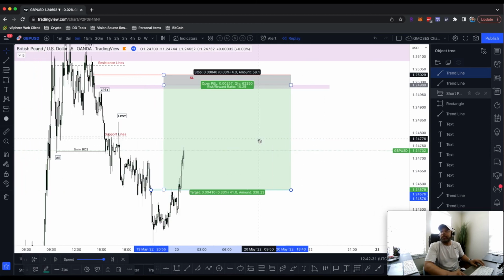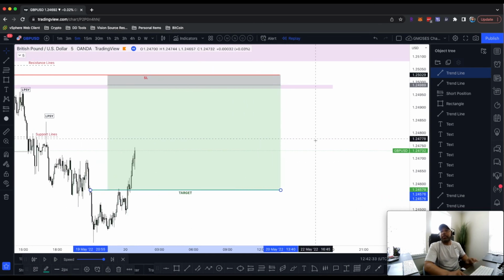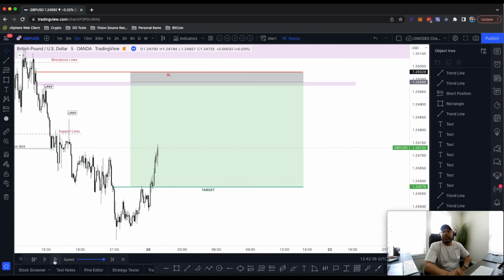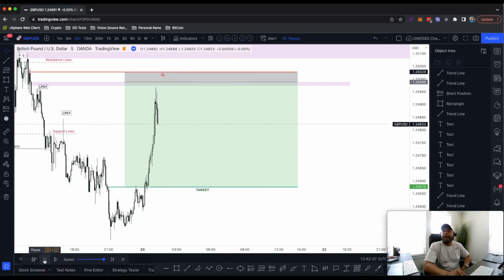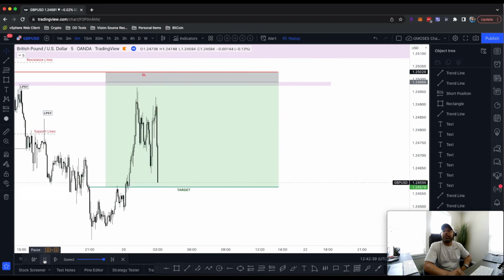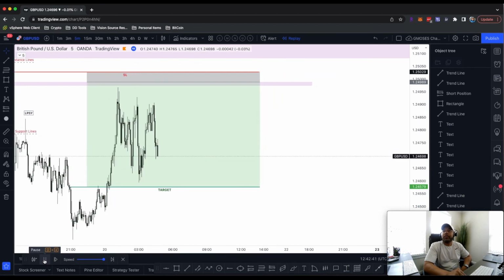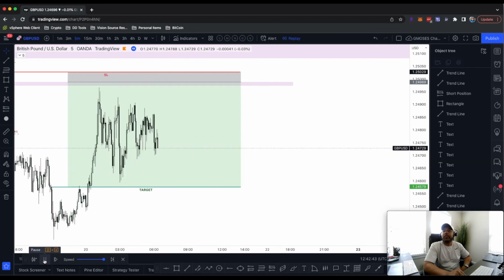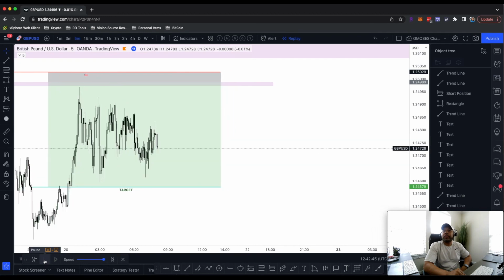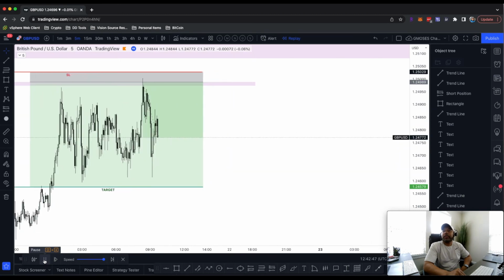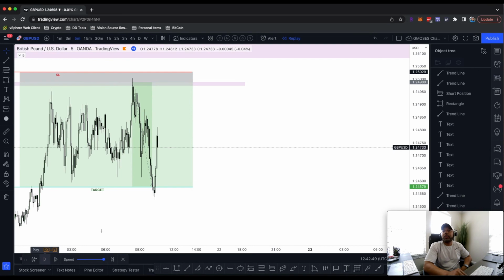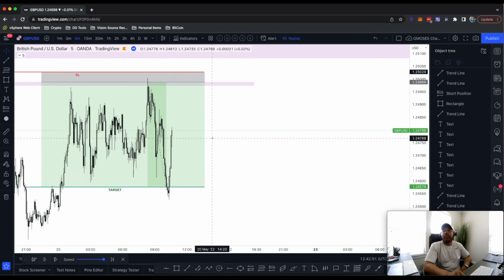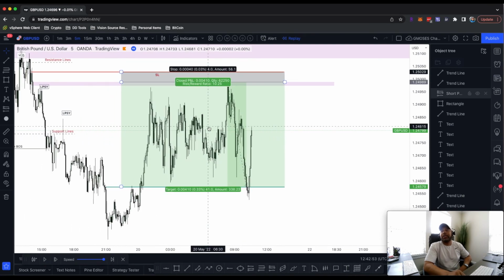Now from here, let's go ahead and let price play out and see what it does. Price wicks us in, takes us right to our TP. Never hit stop loss. So as you can see, this is a 1 to 10 risk reward for this particular strategy.